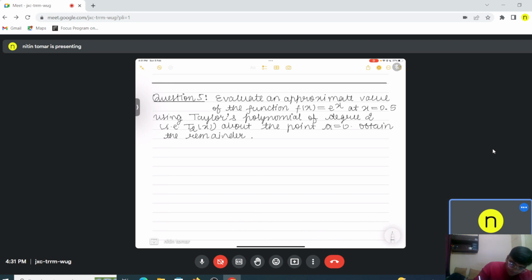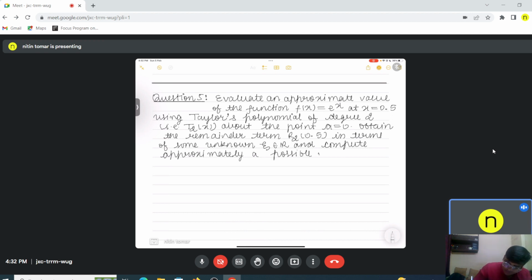Obtain the remainder term R2 of 0.5 in terms of some unknown xi in R and compute approximately a possible value of xi.